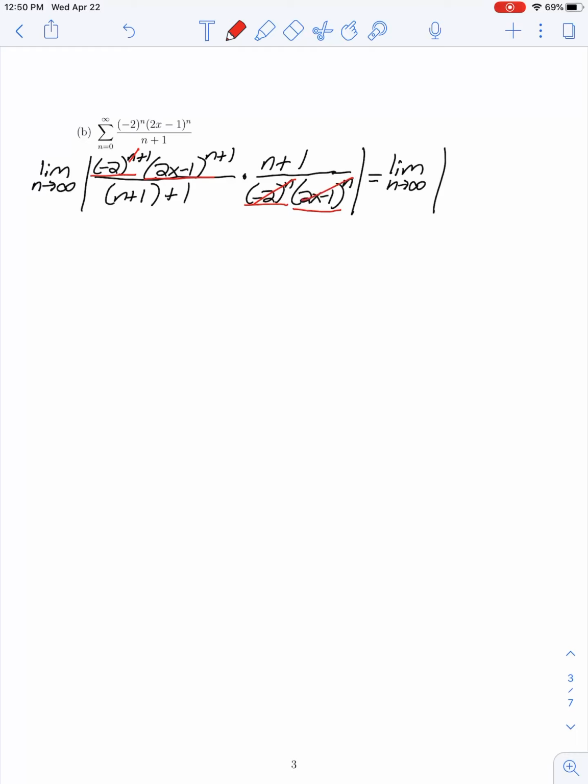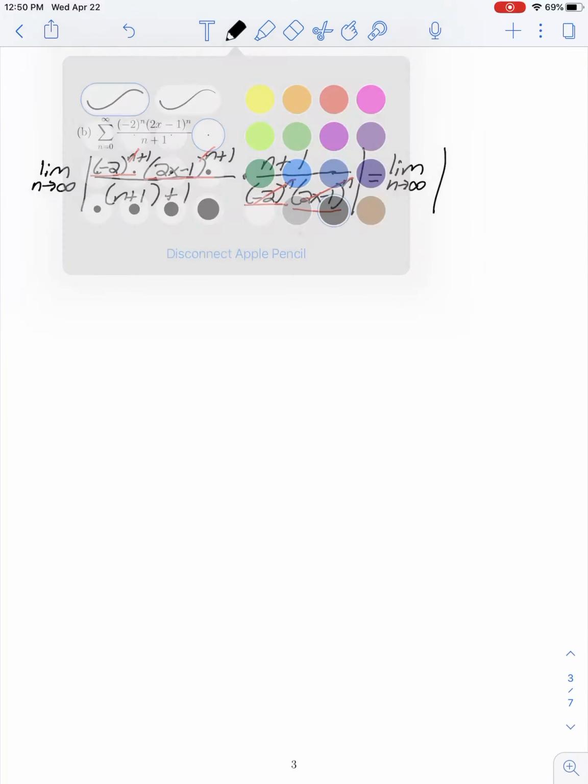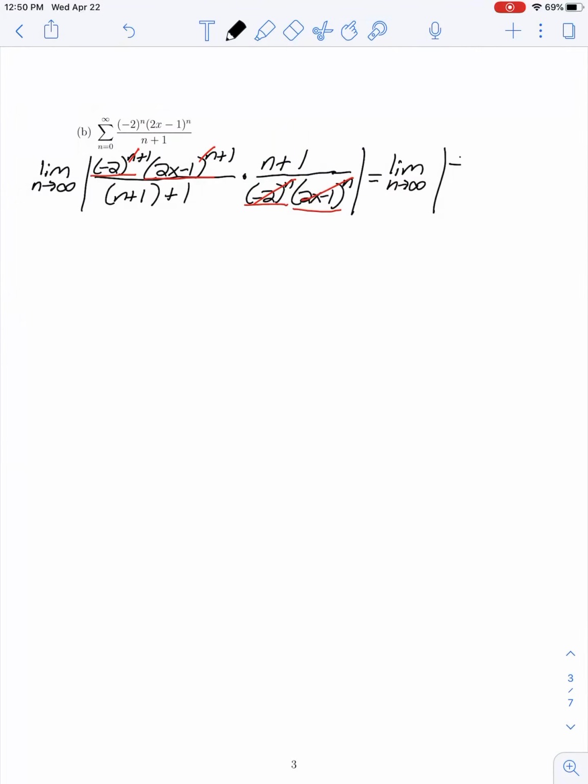So if I cancel factors of that term, I'm left with 2x minus 1 to the first. So far, in our numerator, we have negative 2 times 2x minus 1. And then we've got that extra factor of n plus 1 that appears in our numerator. And then we are dividing by n plus 2 for my denominator.